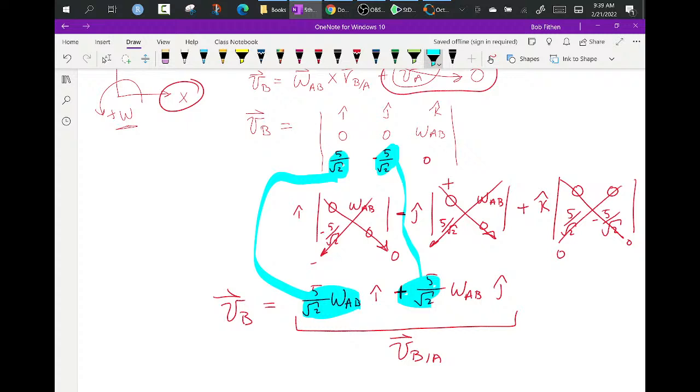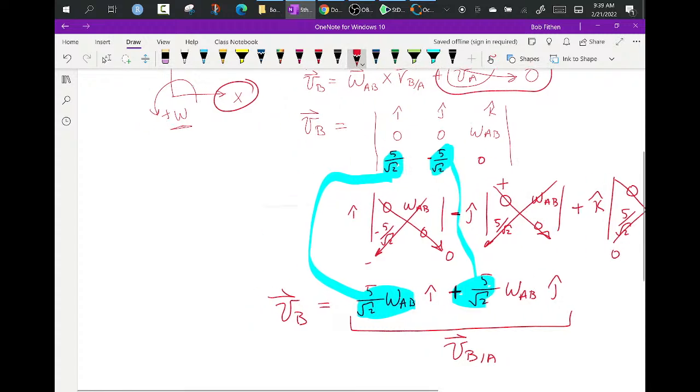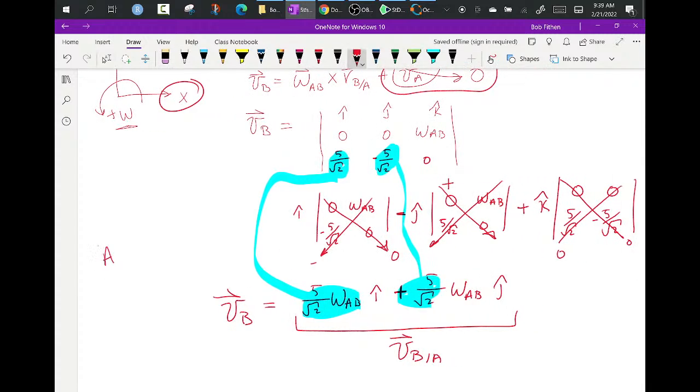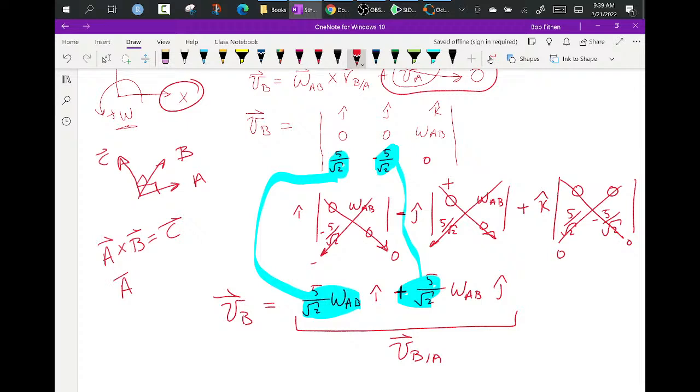And that goes back to the law of mathematics, which says you have a vector, and you cross it with another, you'll get a C vector, you have an A, and any sort of B, the C that comes from it is going to be perpendicular both to A and to B. So that means you dot the result with any one of those vectors, and you're going to get a 0.